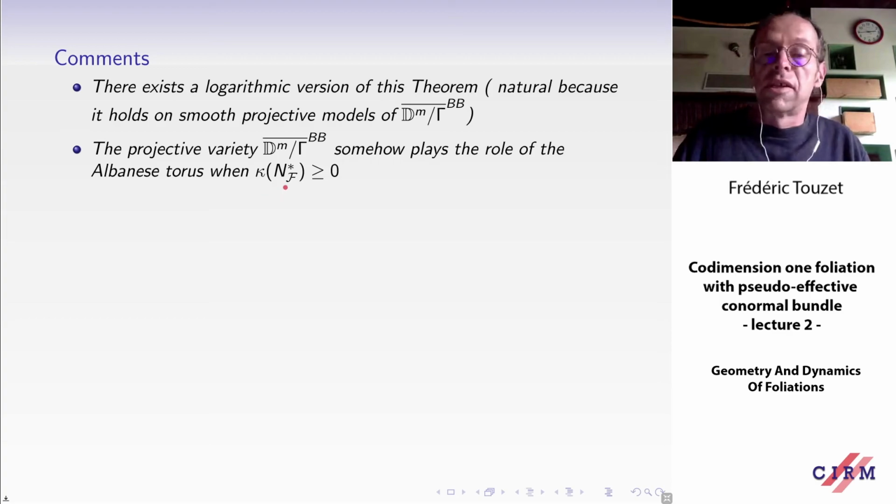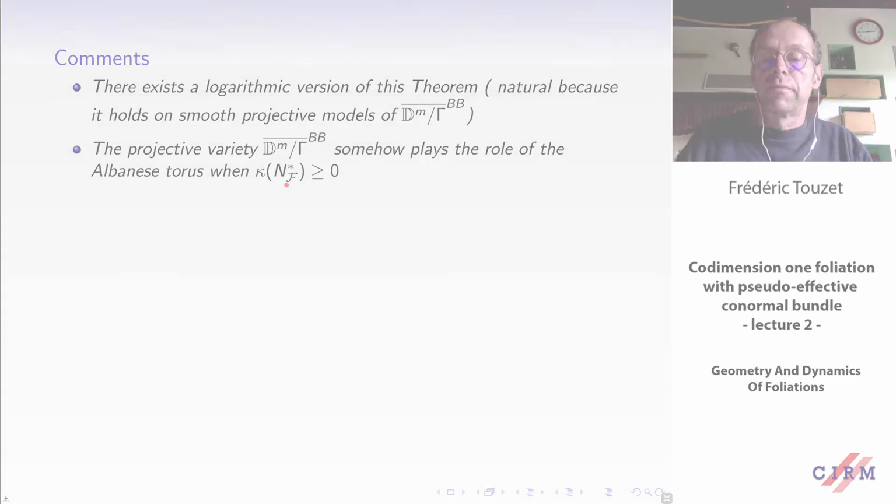In this case, I recall, when the conormal has sections, which can be realized by taking finite ramified covers, the foliation is defined by a one-form which comes from a torus. This is the Albanese construction.